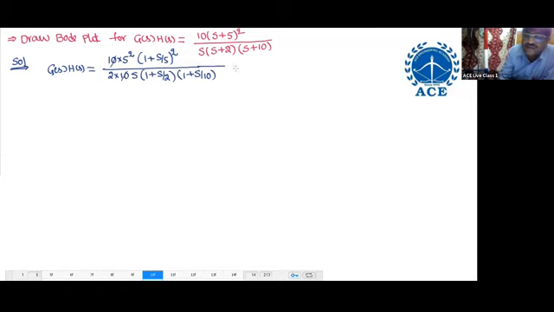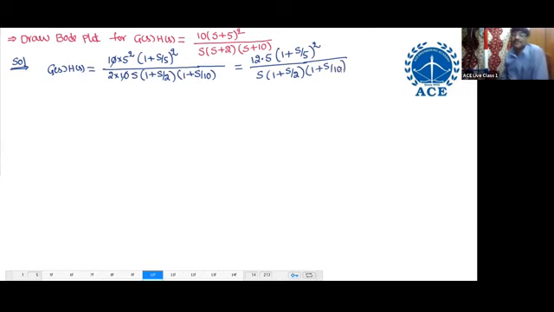Then what is the answer you are getting? 25 by 2 means 12.5 into (1 plus s by 5) whole square divided by s into (1 plus s by 2) into (1 plus s by 10). This is the G(s)H(s).